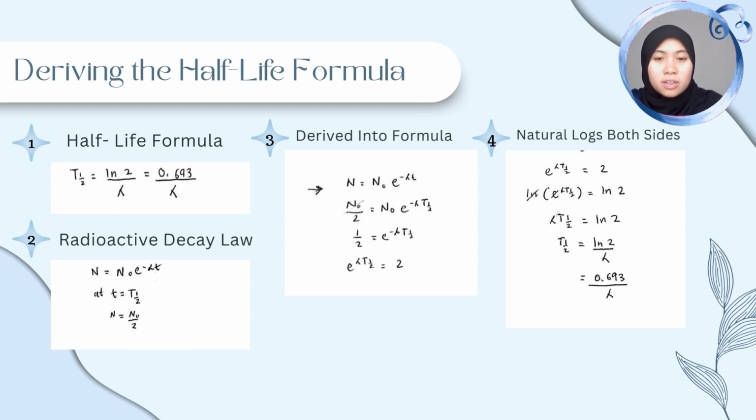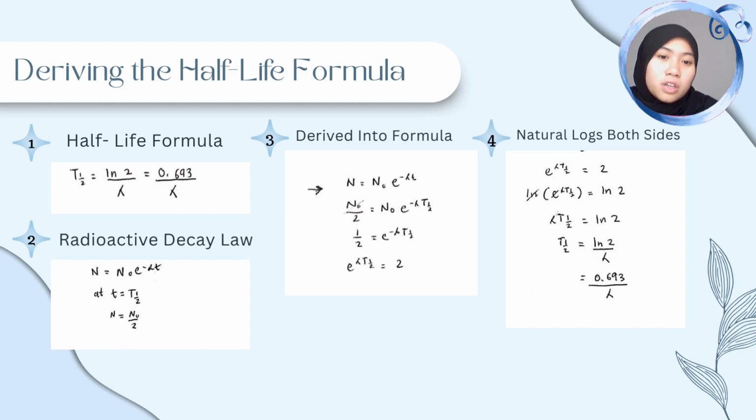We will start the derivation from the radioactive decay law, whose formula is N equals N naught exponential to the power of negative lambda t. So we start by setting t equal to the half time and N equal to N naught over 2, due to the half-life definition. We get N naught over 2 equal to N naught exponential to the power of negative lambda half time.